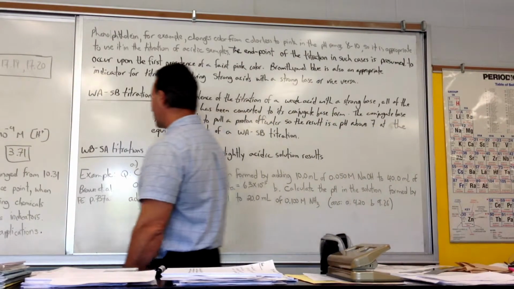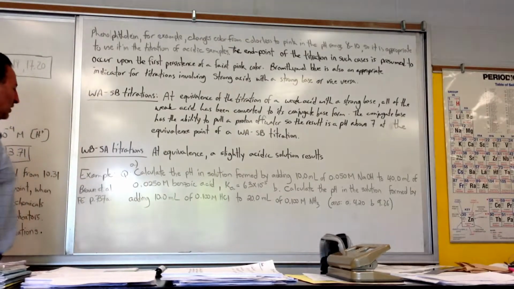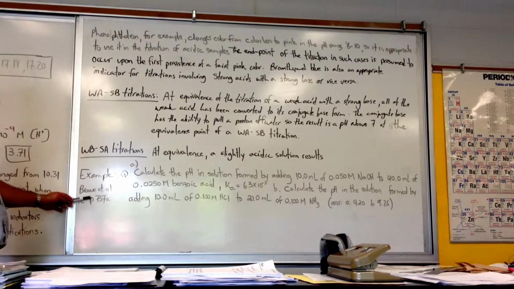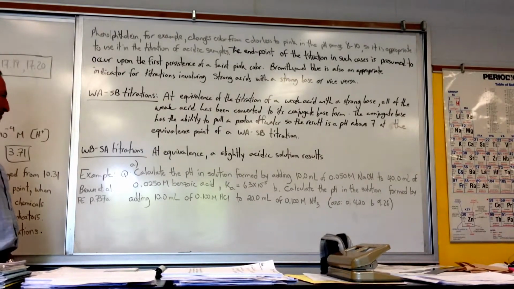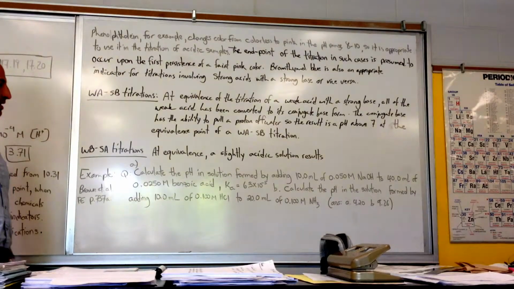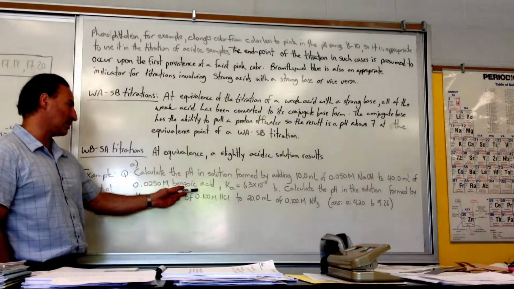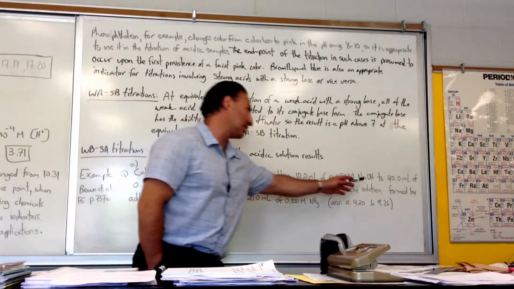To work out an example where this happens, we're going to refer to the text, page 737, practice exercise in Brown. It says, calculate the pH of the solution formed by adding 10 mLs of 0.05 molar sodium hydroxide to 40 mLs of 0.025 molar benzoic acid. Benzoic acid is a weak acid and sodium hydroxide is a strong base.